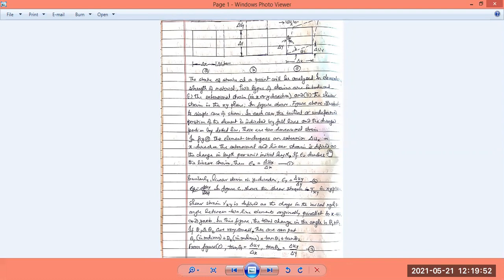In elementary strength of materials, two types of strains are introduced. One is longitudinal or extensional strain: if a body is under tensile or compressive load, it will either extend or contract in length, in the x or y direction.